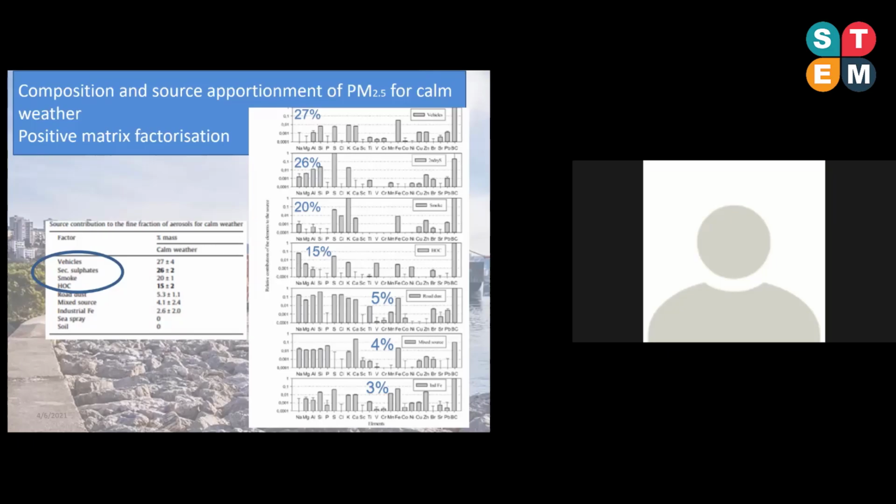This ratio is typical for industrial activities such as thermal power plants or oil refineries. During calm weather, this factor represents 15% of the total fine particulate mass. It's 5% up from the average value of 10% for all samples.